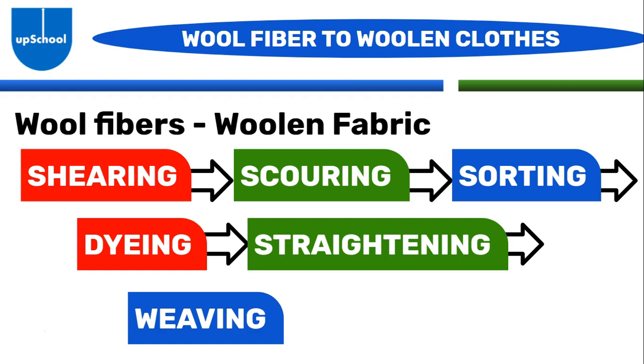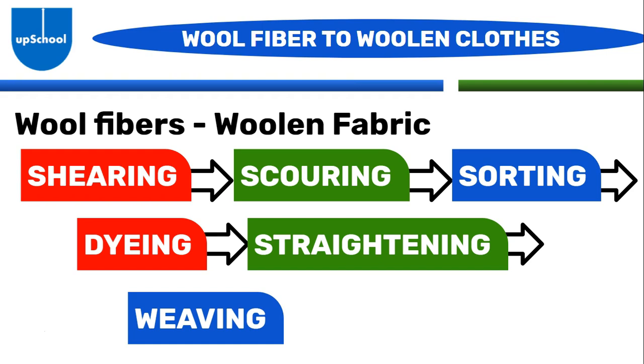You start off by taking the fleece that has the wool fiber from the sheep, and once we have these wool fibers, we wash the wool fiber because we don't want it to be dirty. Once we wash these wool fibers, we sort them based on color, texture, and we also remove the bad stuff such as the burrs. After we sort it out, we turn these wool fibers into a different color.